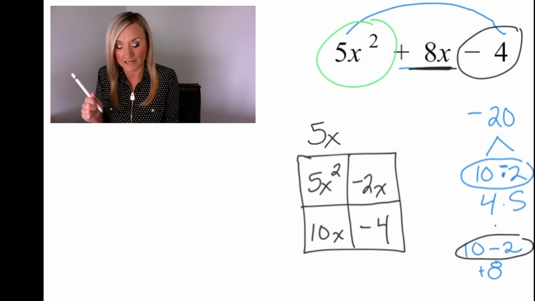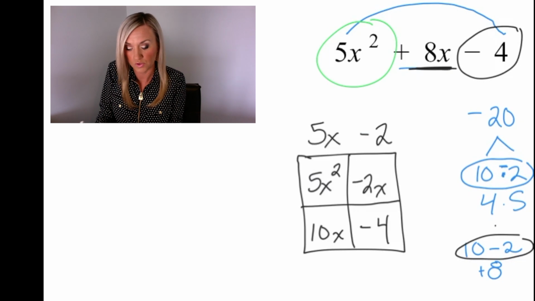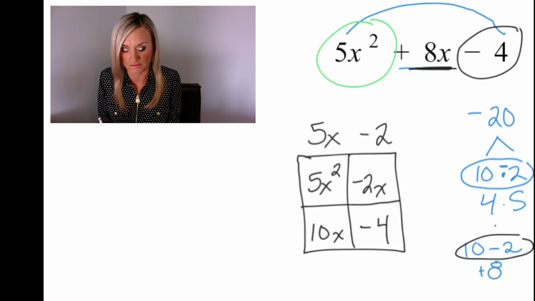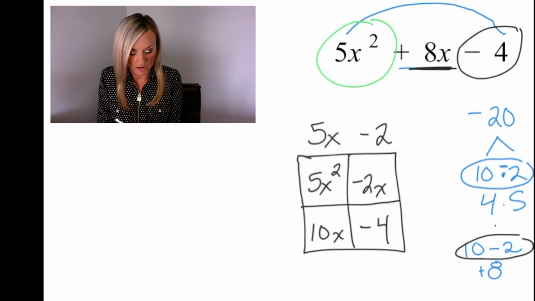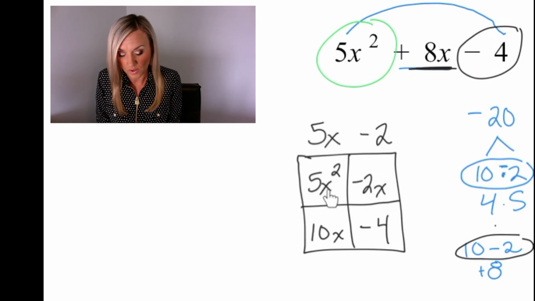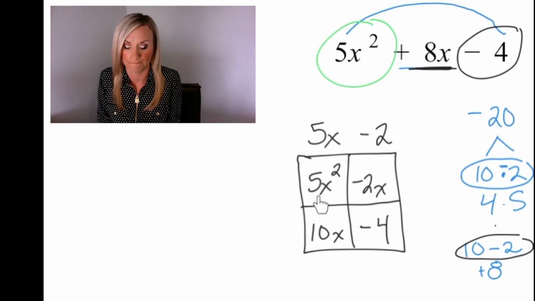Now going to the next column over, the negative 2x and the negative 4, I can divide both of those by negative 2. That is the greatest number I can divide them by. Now shift your eyes going across here. What is the largest thing you can divide both of these evenly? Just an x.